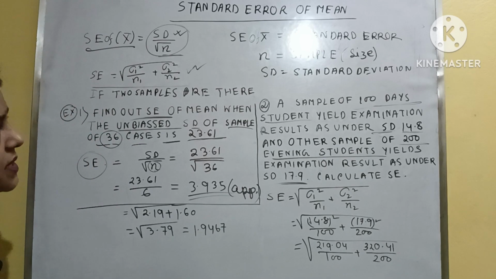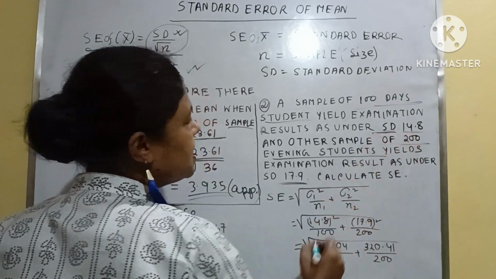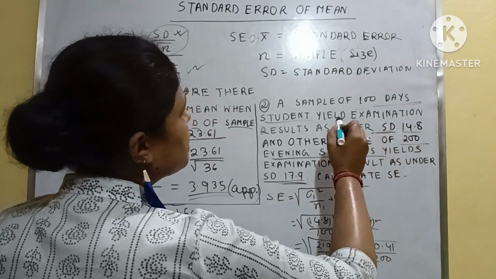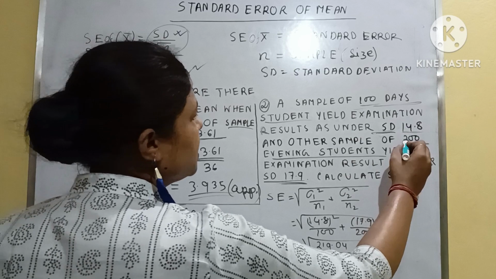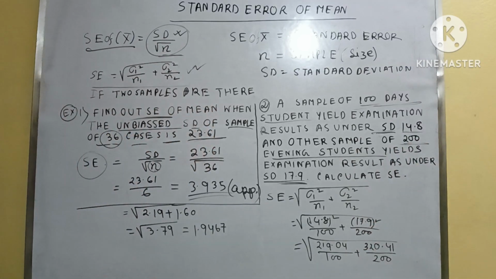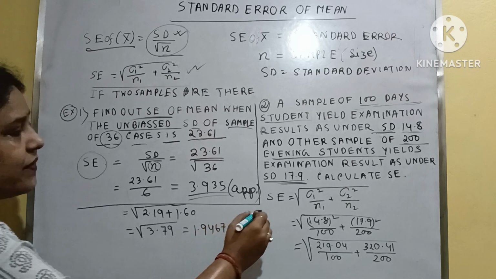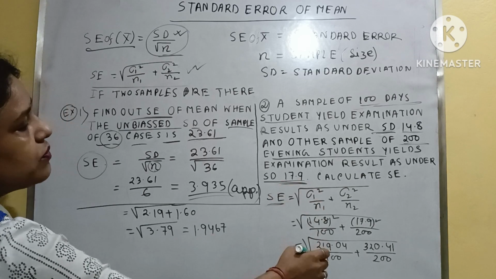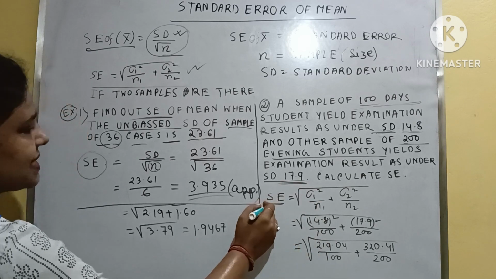In the second case, you can see the SD is 1 and here SD is 2, and N1 is this one and N2 is this. That means two samples are there. So we cannot find this SE value by putting the values in the first formula. So this is the second formula, and just putting the values we will get the SE.